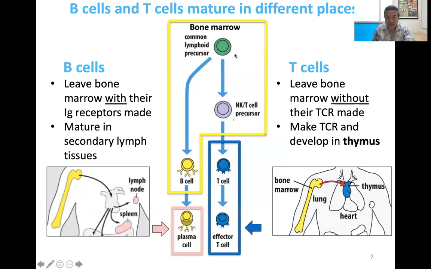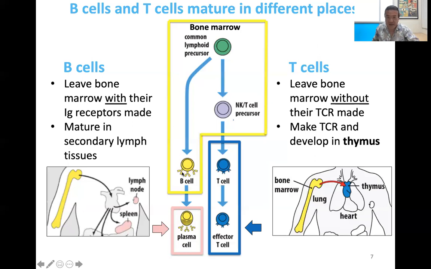So this green lymphoid precursor cell is if the stem cell starts differentiating towards the adaptive side of our immune system. So this is a nice summary to remember that this yellow boundary here is meant to be the bone marrow, right? That's why if you look in the cartoon here, the bone is yellow, right?